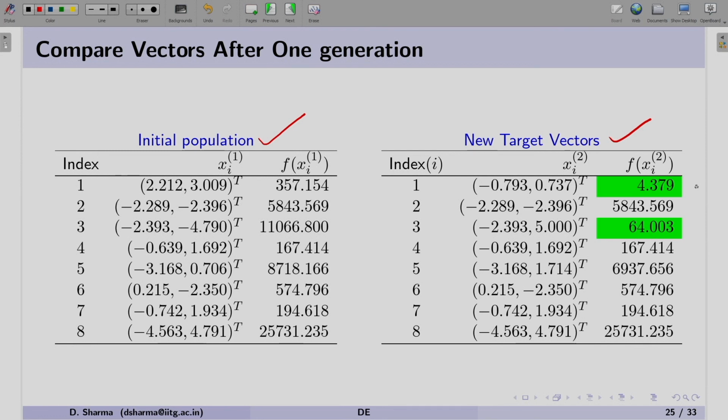The observation is that we now have two solutions which are better than the best solution in the initial population, and that is what we expect from differential evolution: the mutation in the form of the mutant vector as well as crossover in the form of the trial vector should support DE to improve the solution generation by generation, and after a few generations we should expect that these target vectors will be close to the optimum solution.